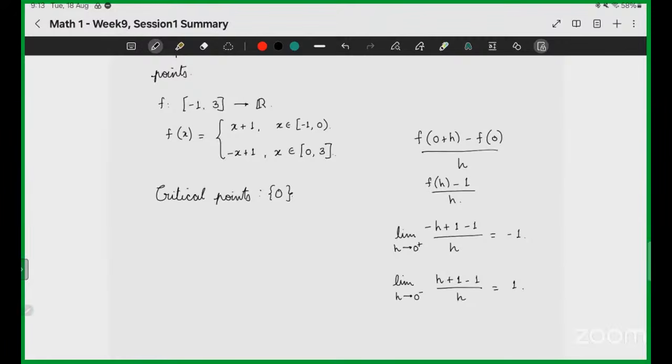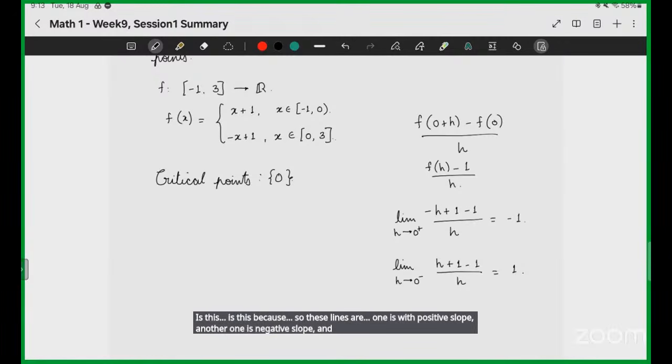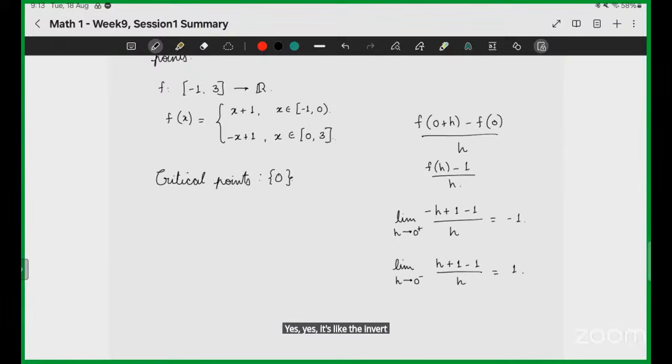Is this part clear? When we look at the graphs of these two functions, there is a straight line, one with a positive slope, another with a negative slope, meeting at this 0 point. Yes, it's like the upside down image of the mod x function.